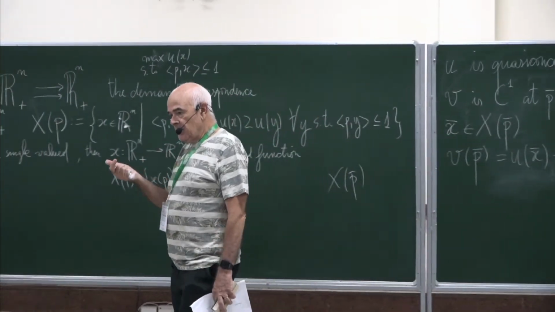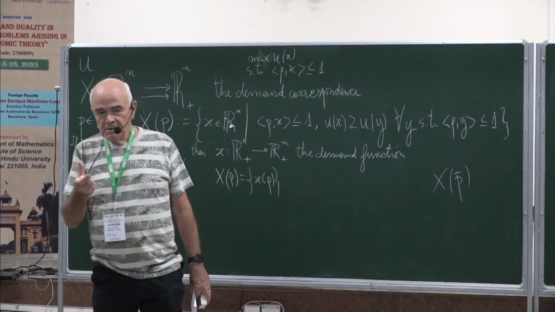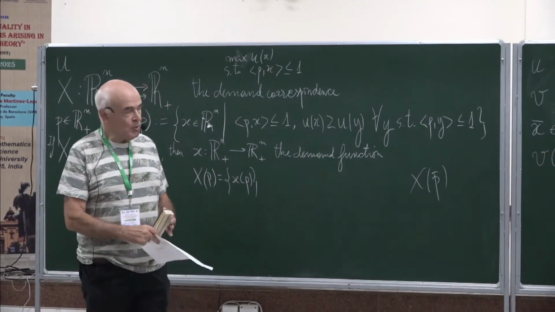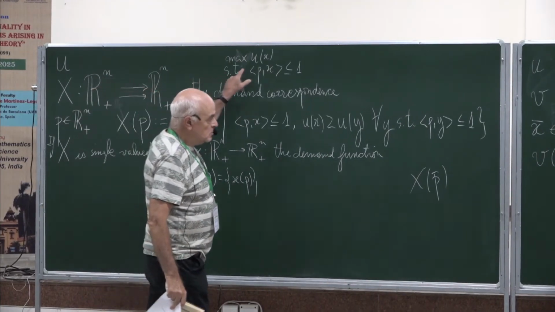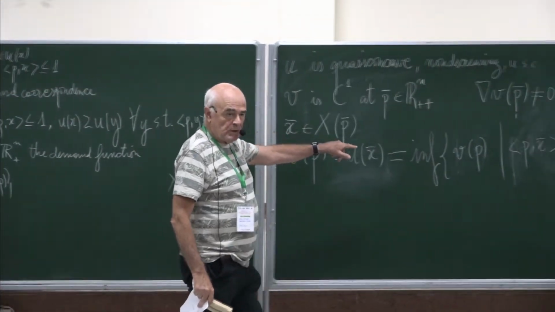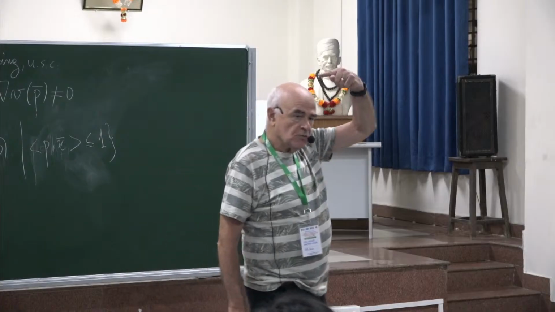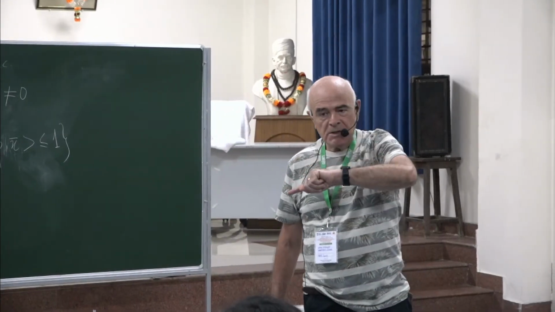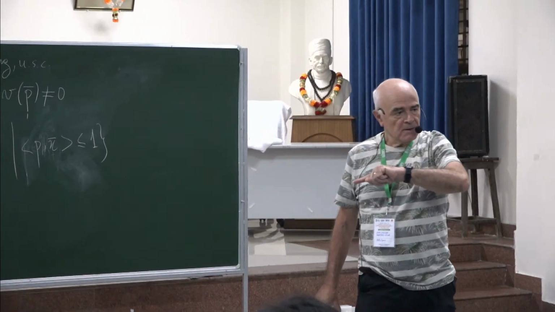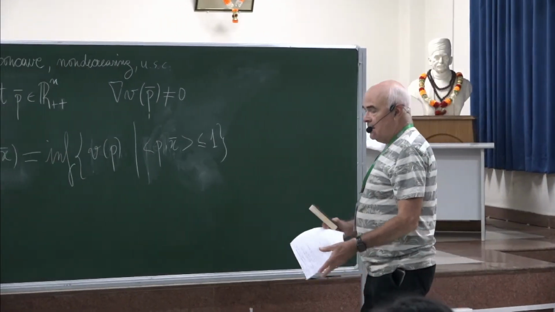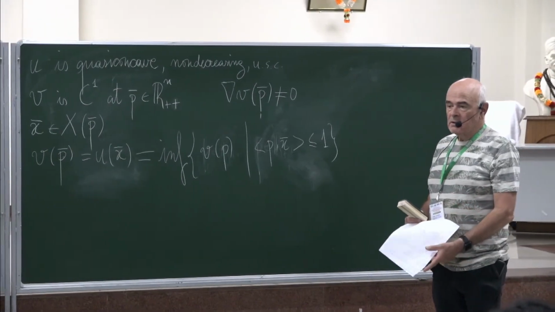So we have a pair, X bar, P bar. And we have two optimization problems, one involving U, another one involving V. Then X bar is a solution of one problem if and only if P bar is a solution of the other problem. There is this. And this is the whole idea of the proof.